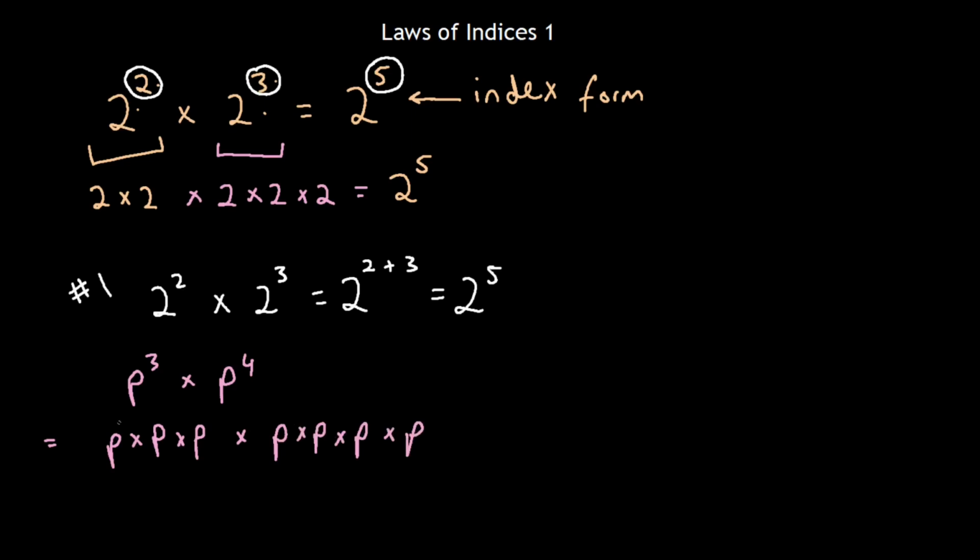So how many p's? We have 1, 2, 3, 4, 5, 6 and 7. So it's p to the power of 7. Does it work if we add these 2 numbers at the top? 3 add 4 makes 7. So yes, it works. We can just add the powers, p to the 7.